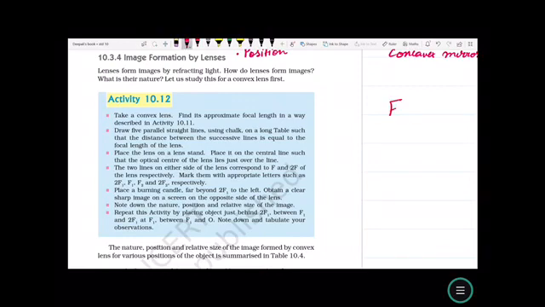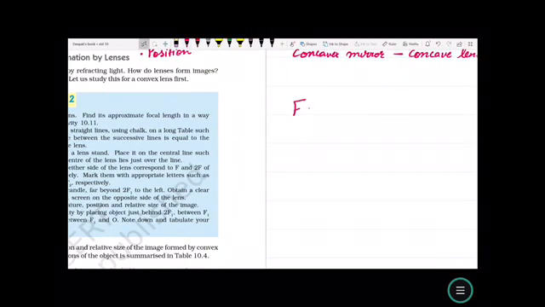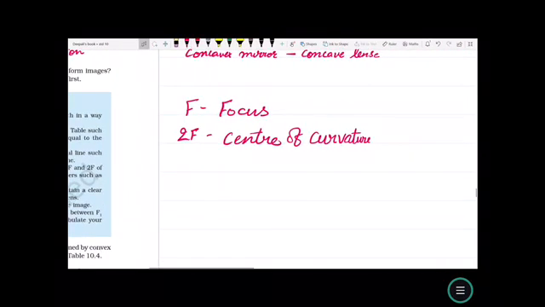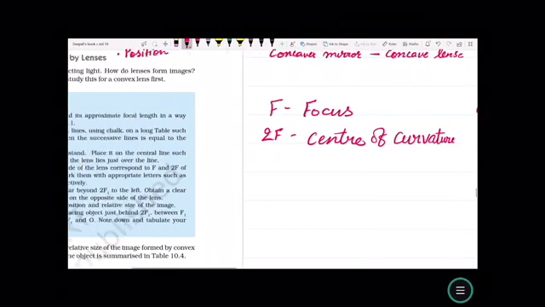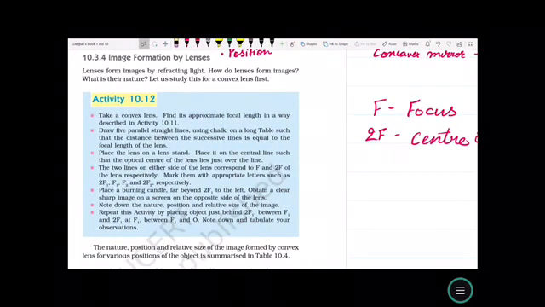Now here F and 2F. F is the focus and 2F is the center of curvature, which are also represented as C1 and F1 and F2 and C2.